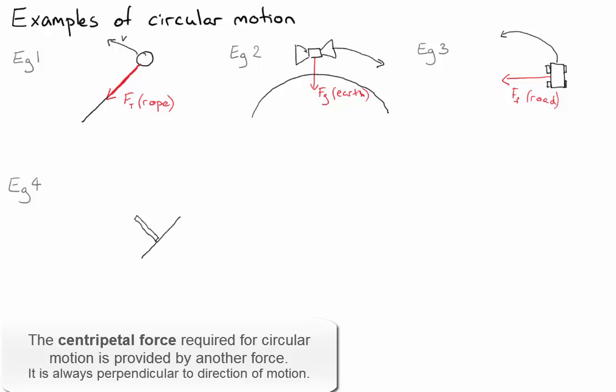Just going to get rid of this one for now. Obviously it has an acceleration due to gravity acting on it in that direction. There's no component of gravity pointing towards the centre of the circle, so gravity can't be contributing to the centripetal force. But what other force is acting on this?